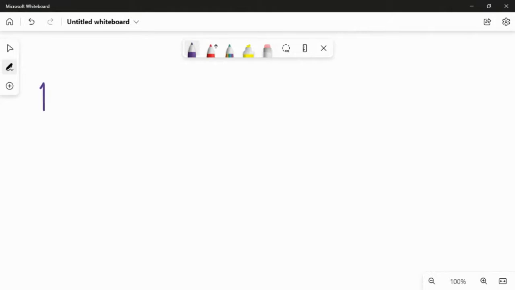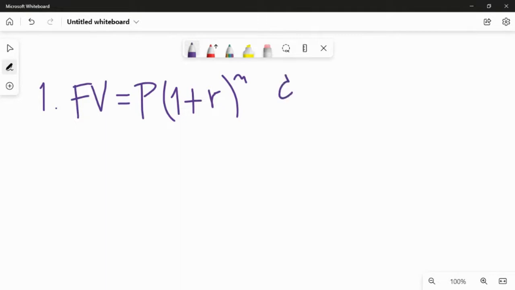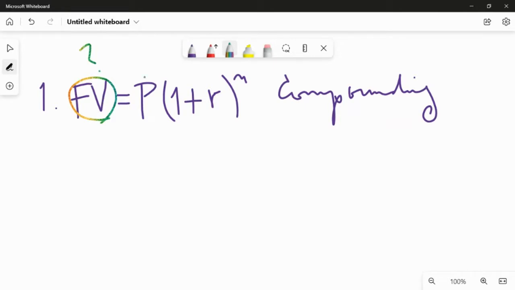This compounding formula, or future value formula, is the base equation. The process of arriving at the future value is called compounding, so future value is the unknown and the other variables are all known. P is known, R is known, N is known.